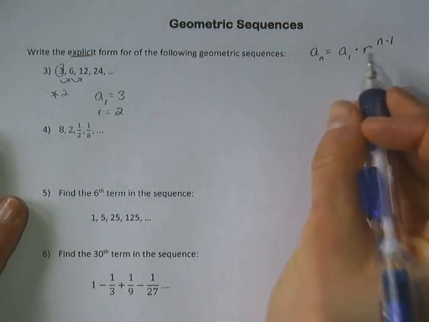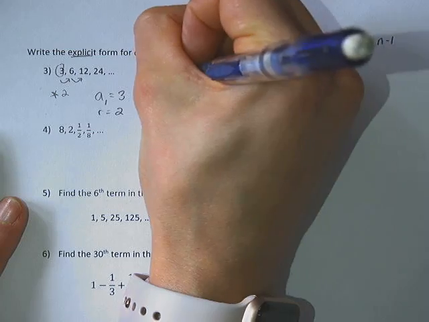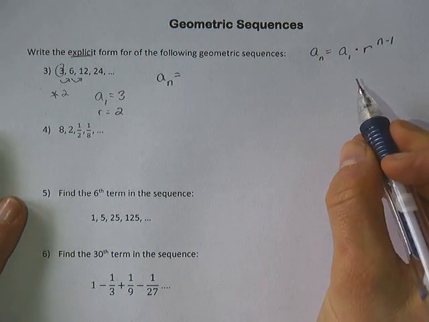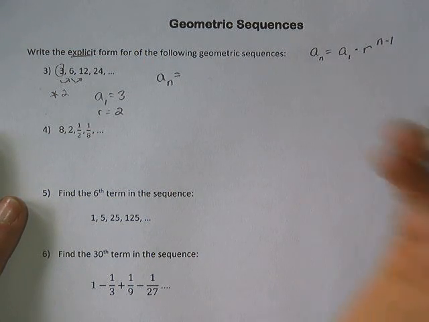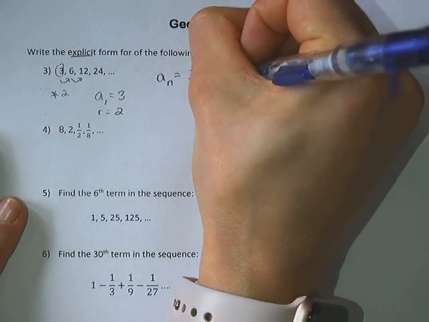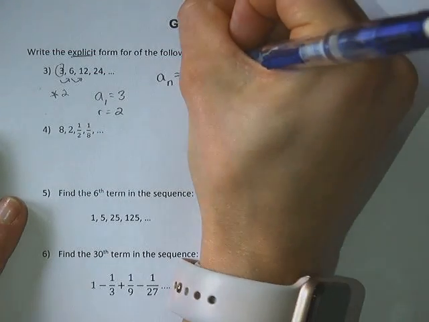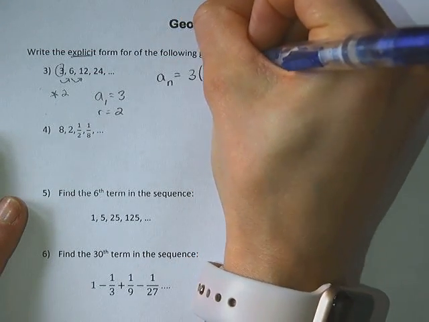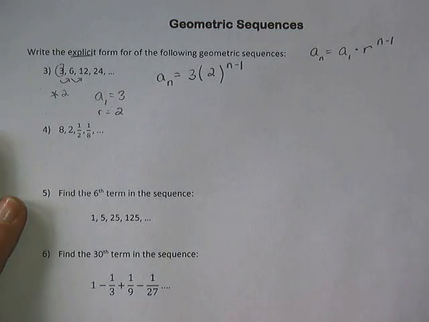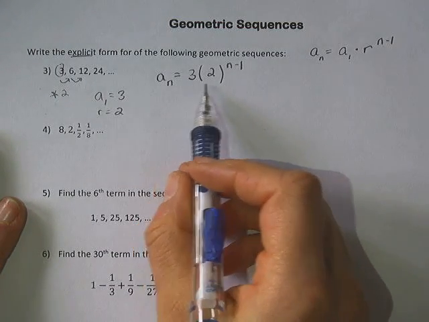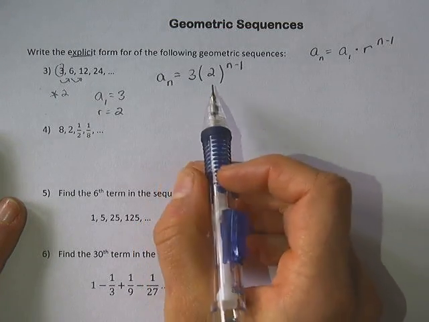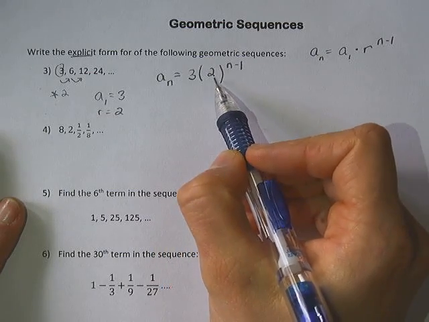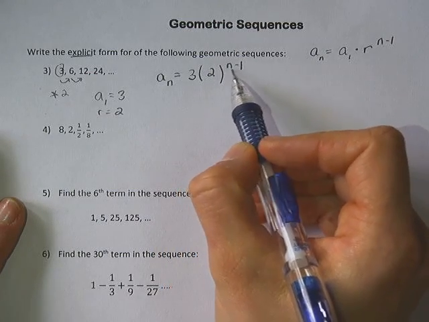Okay, and so now all I have to do is plug it into my formula, and that will be the explicit form. So my first term was 3, so it'd be 3 times my common ratio, and usually we put the common ratio in parentheses. It would be 2, and then it's to the n minus 1 power. You actually cannot simplify this any more than that, because remember what I told you before, the 2 is technically to this power.